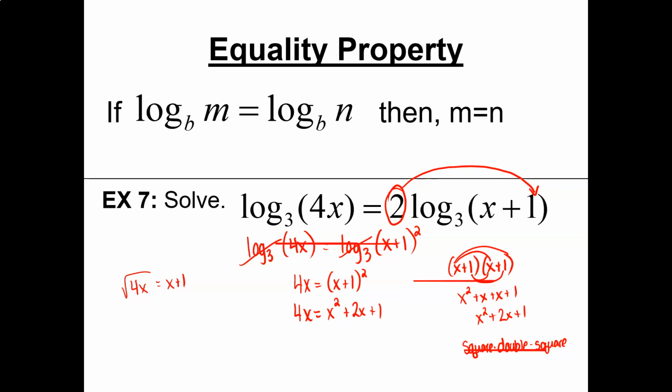So quadratic formula, factoring, or we can complete the square is another possibility. So in order to do any of those, though, I have to have everything on one side. It has to be equal to 0. So we're going to subtract the 4x. And we'll have 0 equals x squared minus 2x plus 1.